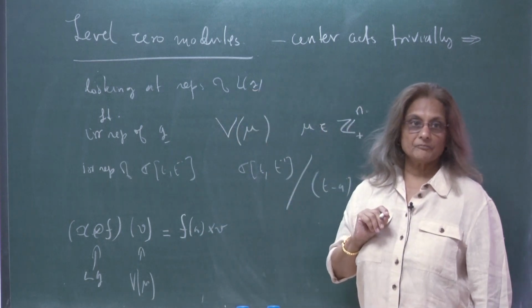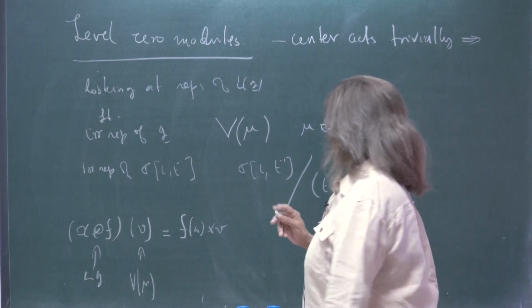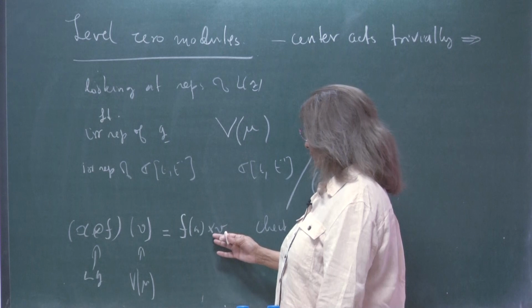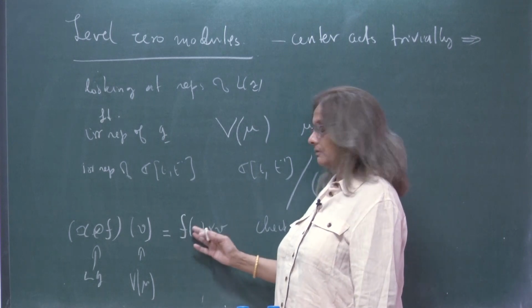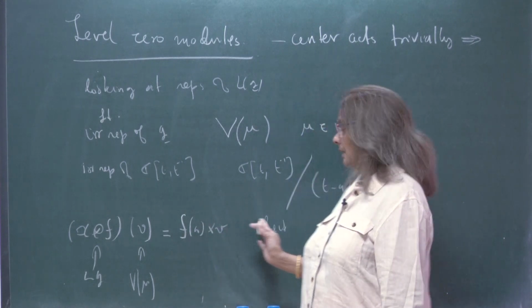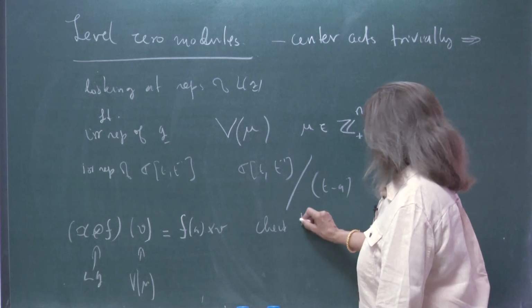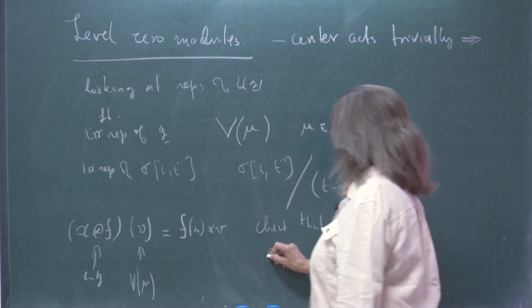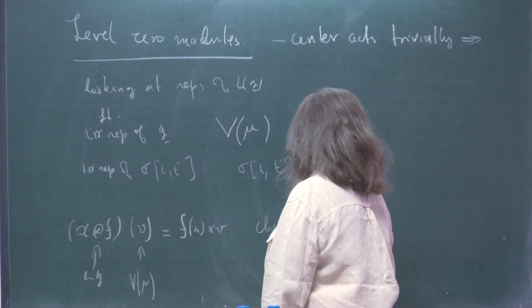So it's a completely obvious, trivial thing to do. And then you just check. This is not a hard checking. It will just use the fact that this is a map of Lie algebras and this is a homomorphism of rings. So it's simple checking that this is a Lie algebra module for Lg.